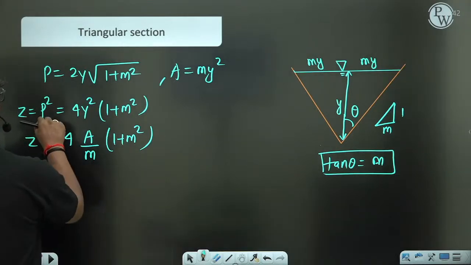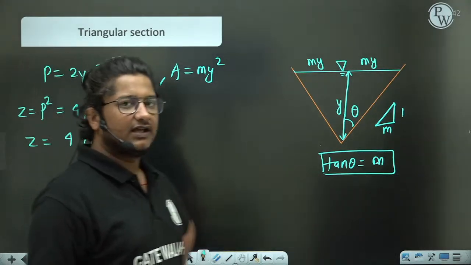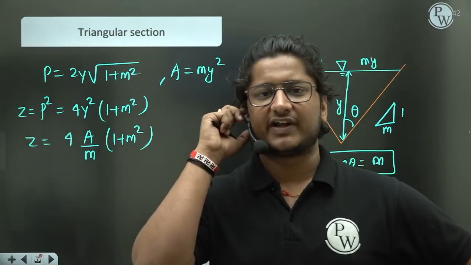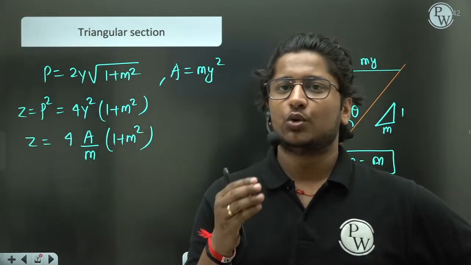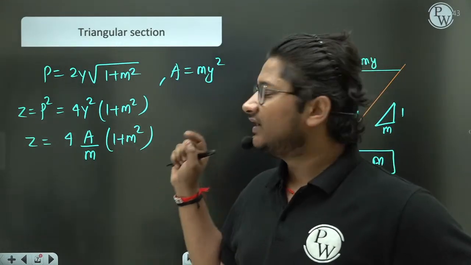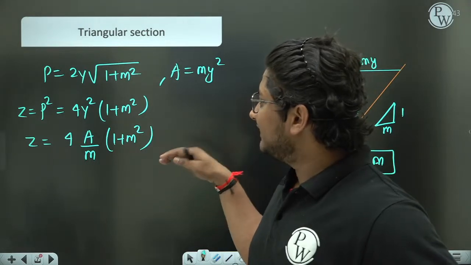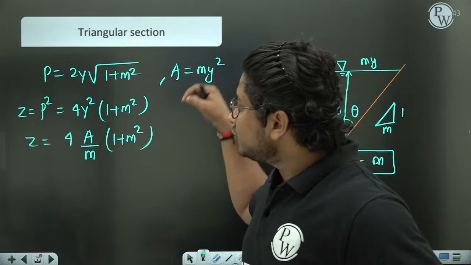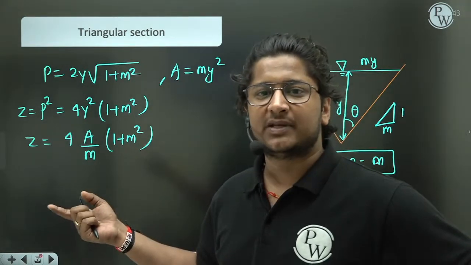So see, if you want P to be minimum, indirectly if you want Z as a minimum, definitely P will also get the minimum value. So just to remove that square root part, we have taken a new term z, and that z is equal to p square. If you want p to be minimum, z will also come as minimum only.